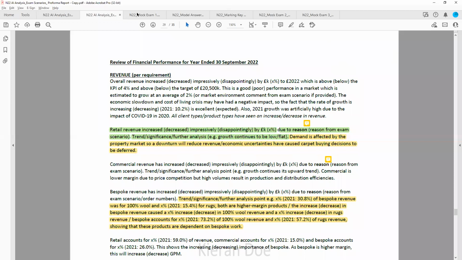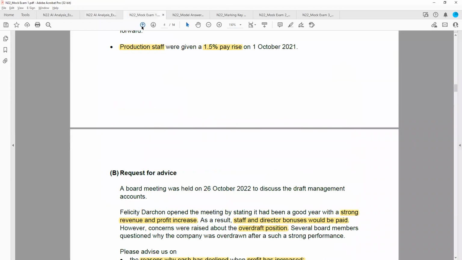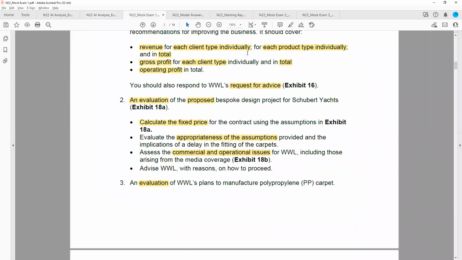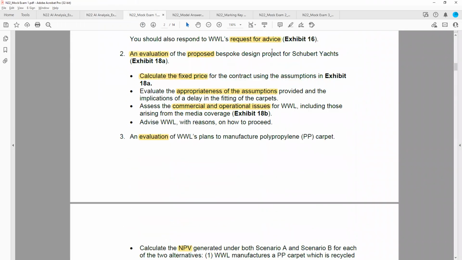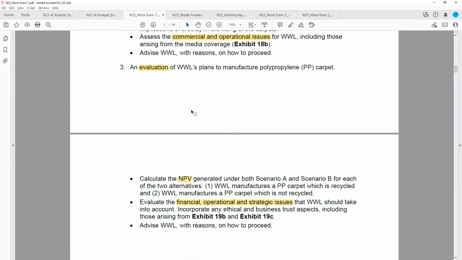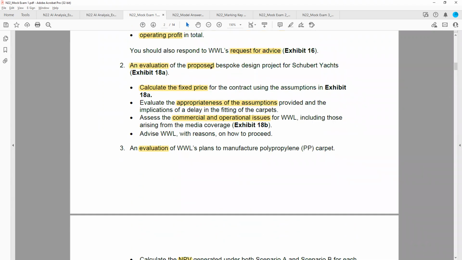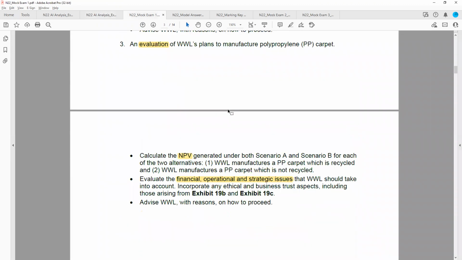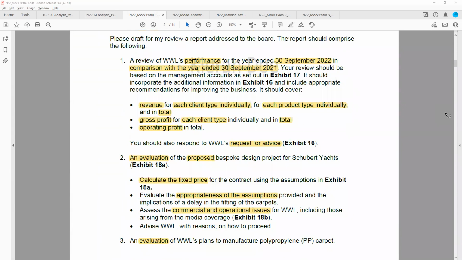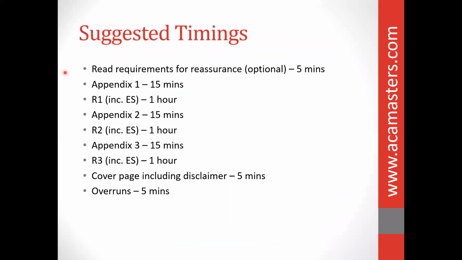They just want to check that all of the requirements are just as they have been for previous case study exams: performance and position analysis, historic performance and position analysis here, an evaluation of a proposal, and some other proposal here for requirement 3, the sort of things they thought might come up. So here, for example, a contract, and then here looking at the manufacturing of the new carpet. Some people like to do that for reassurance, and that's understandable. So you can spend a few minutes there.